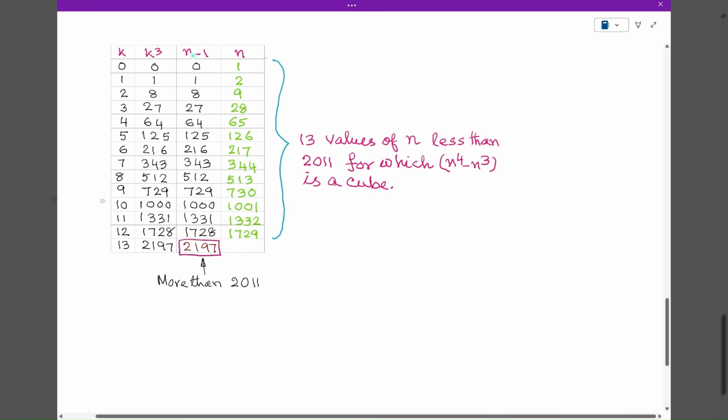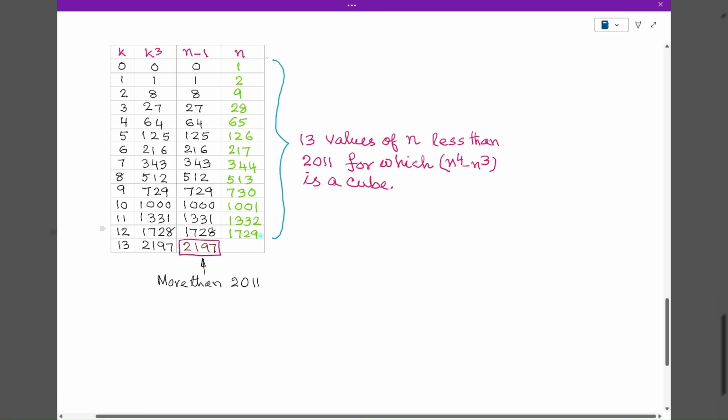Now, since n - 1 takes these values, n will be 1, 2, 9, 28, 65, 126, 217, 344, 513, 730, 1001, 1332, and 1729.